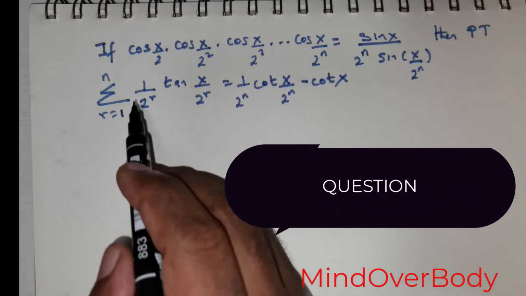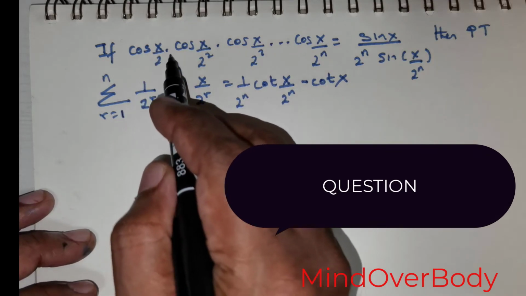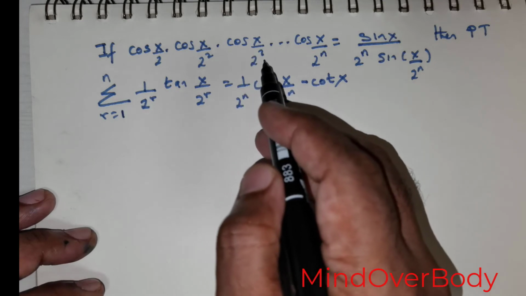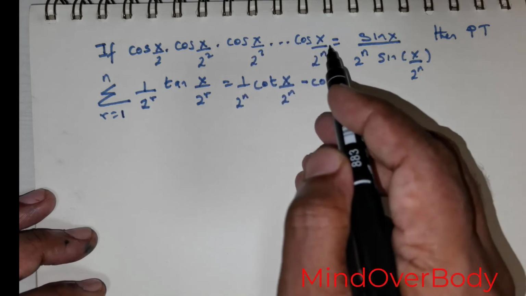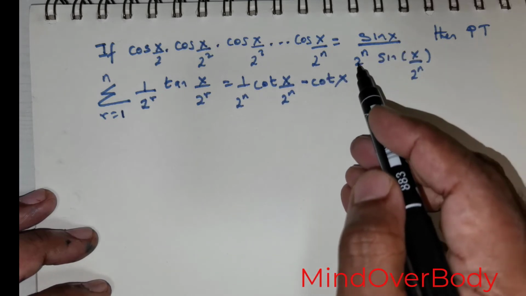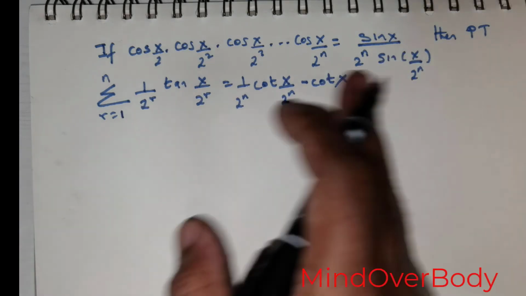Students, we are given a beautiful question. If cos x over 2 times cos x over 2 squared times cos x over 2 cubed, etc., up to cos x over 2 raised to the power of n is equal to sin x. This is given.